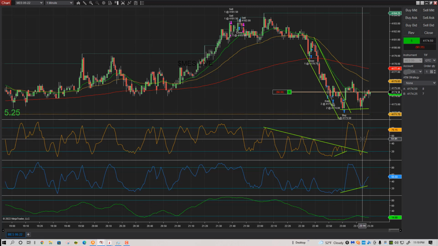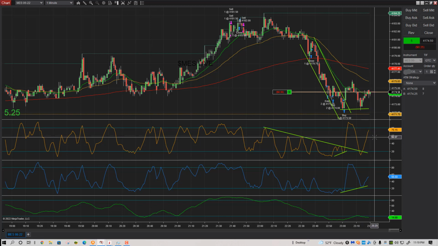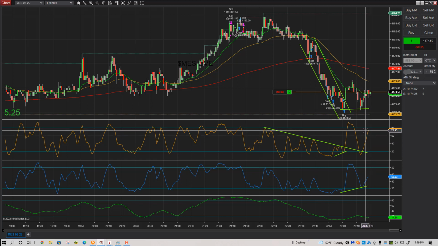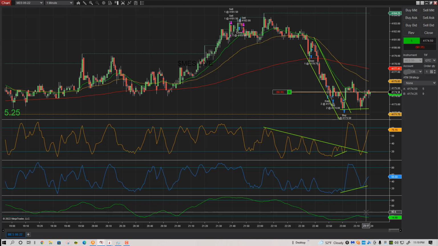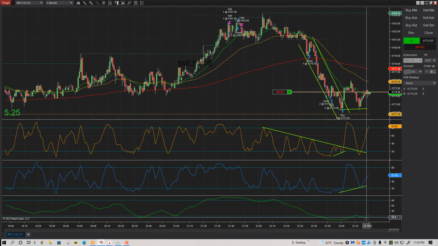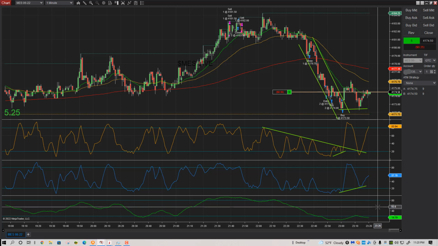But overall, our odds are that this is probably going to roll over at some point. So we're kind of pushing the envelope here as we're overbought. Now we do have that 5-minute, but the 5-minute, we'll see. We really needed that to get above 20 and start to trend higher to really feel comfortable in the trade.